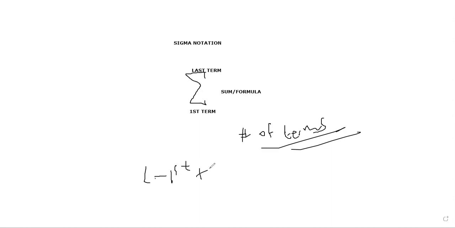And the question that they will always ask you before you can even start is the number of terms, right? So how do you go about finding the number of terms? This is the formula. It is last term, I'll just write L, last term minus first term plus 1.